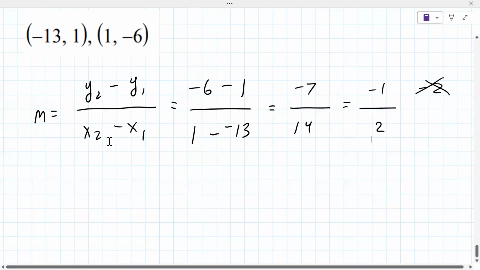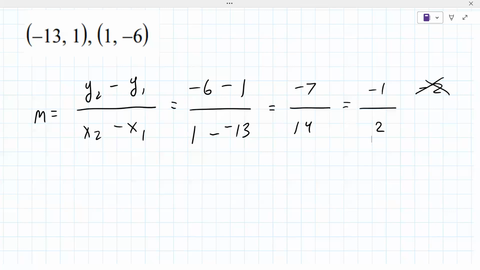The main takeaway from today is you've got to know this slope formula. There's no way you can do this without the slope formula. If someone asks you what's one thing you did today, it's slope.